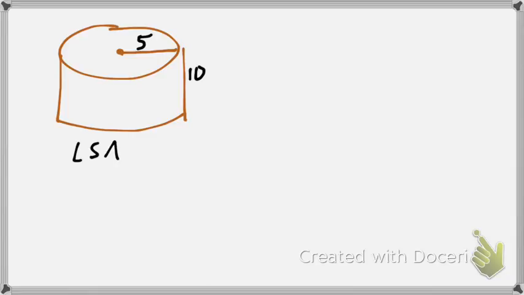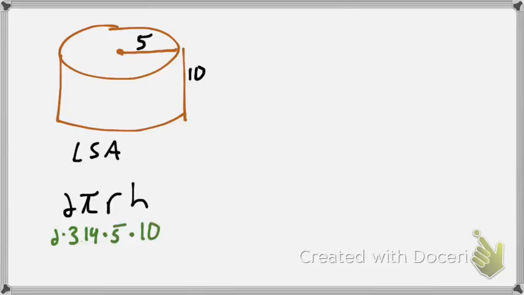Lateral surface area is going to be 2 pi r h. So 2 times 3.14 times 5 times 10. It's going to be 314, right? So that would be my lateral surface area.